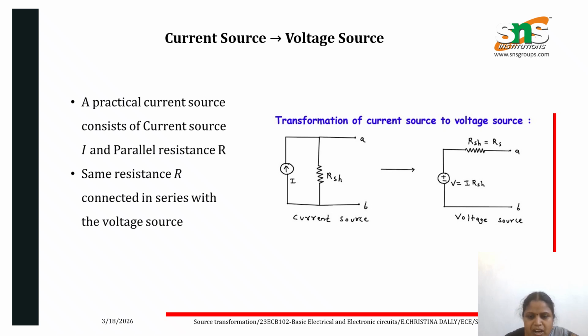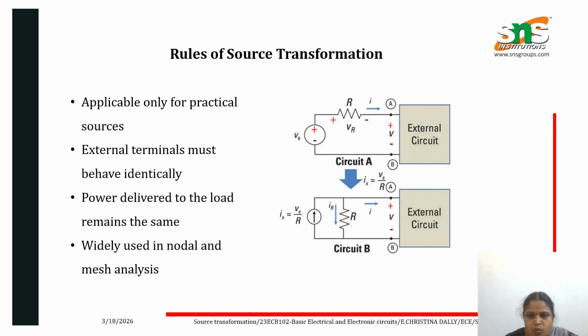Now we convert this into a voltage source. Here the voltage is equal to IR. We know that V is equal to IR. The shunt resistance should be equal to the series resistance. Now the current source has been converted into the voltage source.